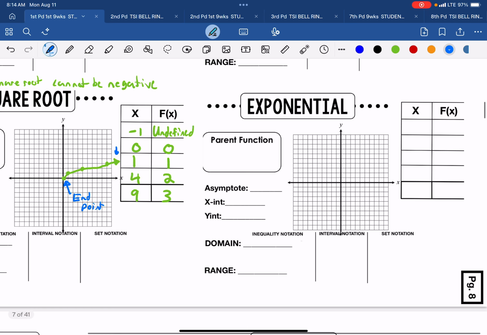Next one, exponential function. Cool. So our exponential function works in this manner. Y is equal to b to the power of x. Now, there's a lot of parent exponential functions depending on the base, the b.